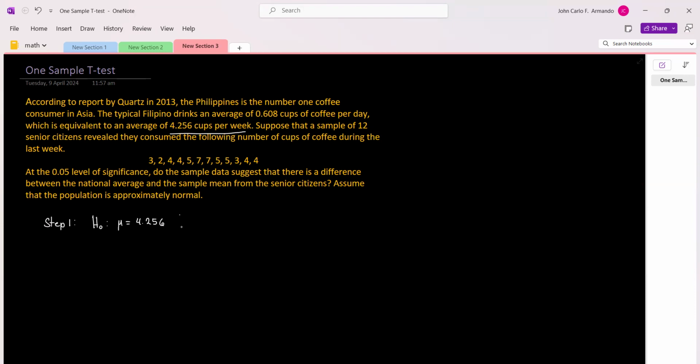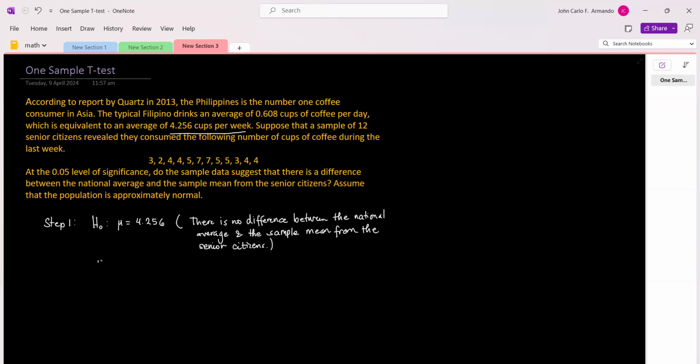Or in sentence, it is stated as there is no significant difference between the national average and the sample mean from the senior citizens. Okay, that is the null hypothesis.